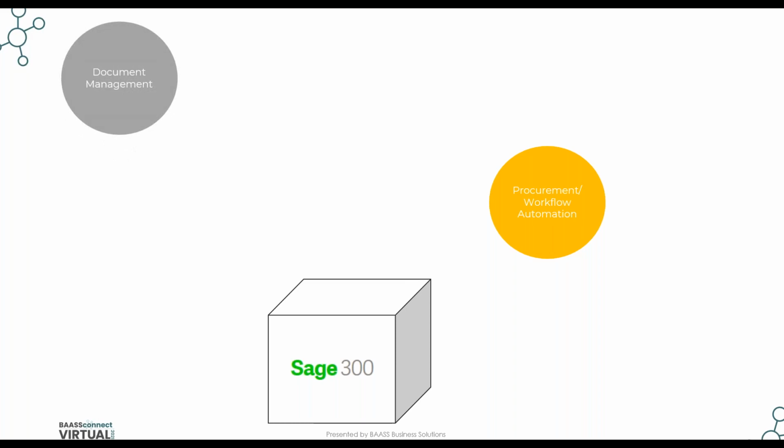But it sure would be nice to be able to attach documents to those requisitions, to purchase orders, or better yet, the ability to attach documents to transactions within Sage 300.